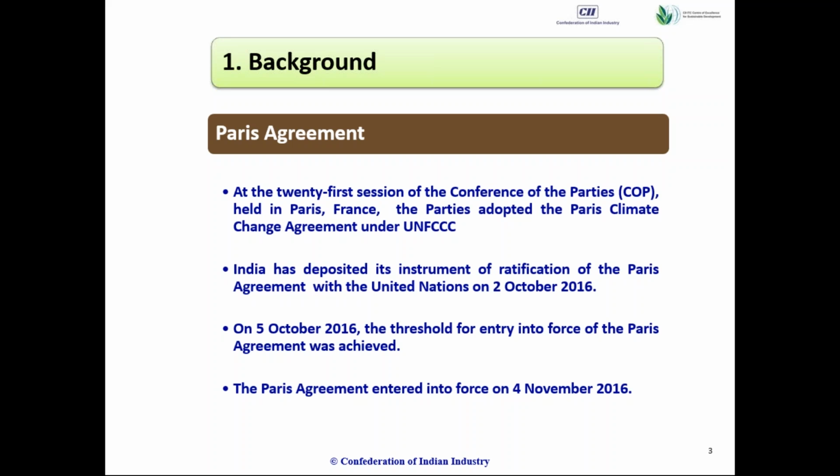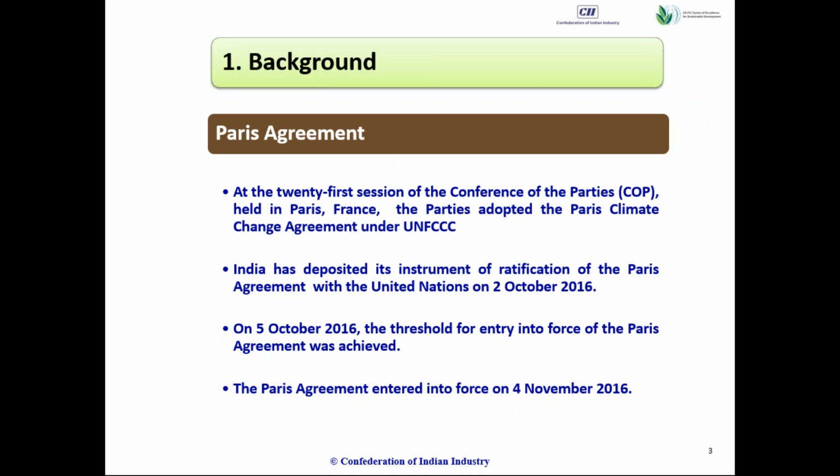One is Article 6. Article 6 talks about the use of market-based mechanisms, how various countries can exchange voluntary offsets to meet their INDCs. As you are aware, the CDM market is down; a lot of people have carbon credits, but there are no buyers.